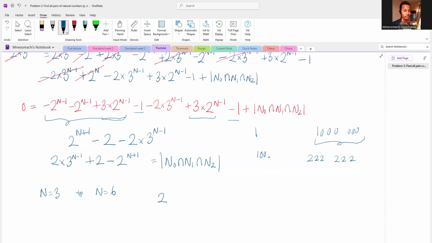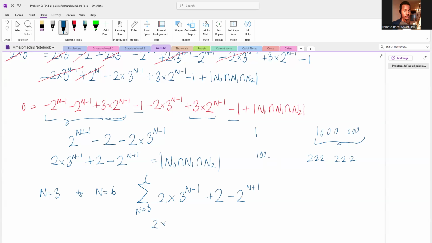We have 2 times 3 to the power of n minus 1 plus 2 minus 2 to the power of n plus 1, sigma from n equals 3 to 6. To sum this from n equals 3 to 6, I think we can do this manually.